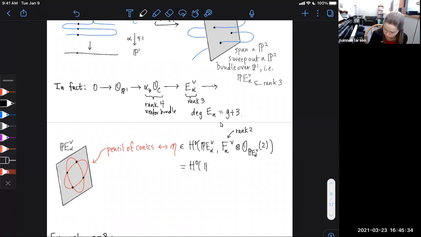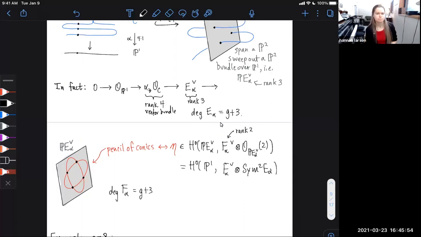And I can write this also as H^0 on P1 of F_alpha dual tensor Sym^2 E_alpha. And it turns out that the degree of F_alpha will also be g plus 3. So what we want to do now is cut up the Hurwitz space according to the isomorphism type of this pair of associated vector bundles, E_alpha and F_alpha.